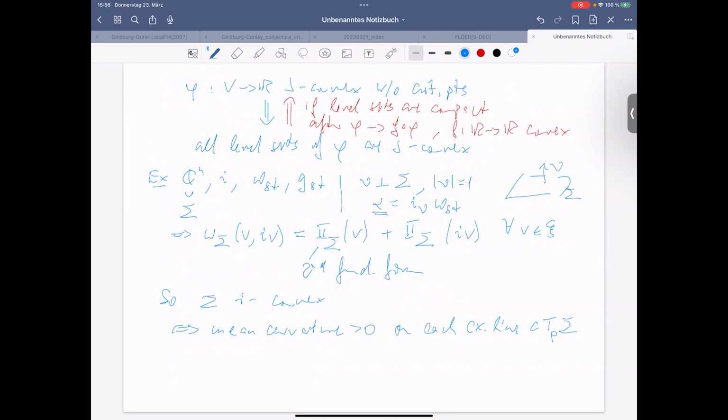And of course, being I convex or J convex depends on the co-orientation. So when you change the co-orientation, then it's no longer convex, it becomes concave. So convexity depends on the co-orientation. Does that answer your question? Yes, thank you. Any other questions at this point?